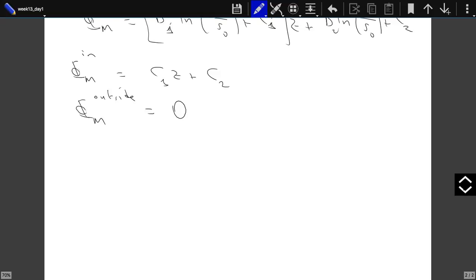The matching conditions, we had two conditions. One, the perpendicular component of B should be continuous. B perpendicular is continuous always. But this tells me that d phi_m by dS is continuous.